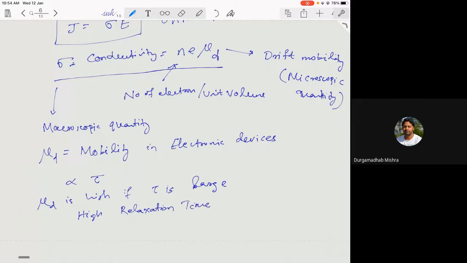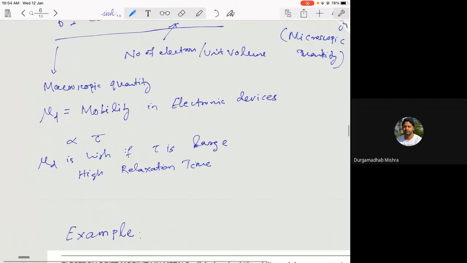That means there are fewer collisions. If the number of collisions is less, the time between two collisions will increase. So that is what you want.